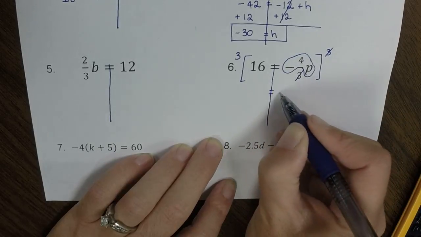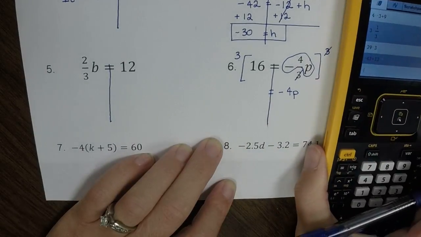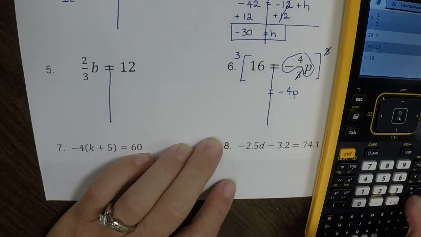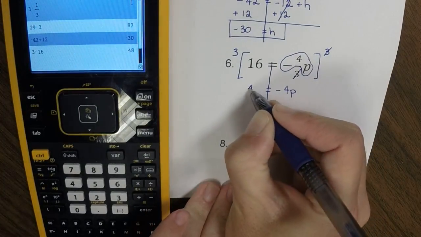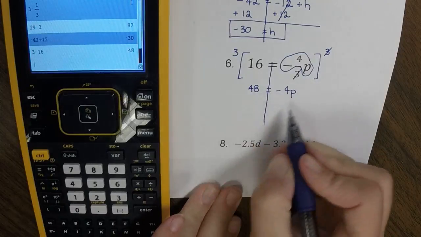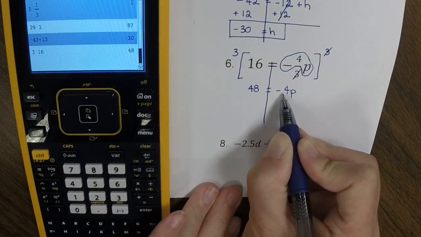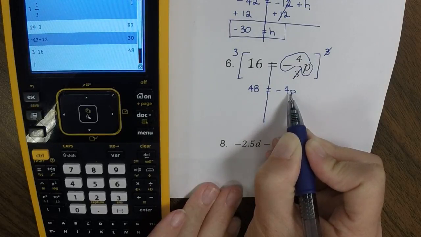So that means this is -4p. Then on the right side, I would do 3 times 16, and I get 48. Let me move that over so y'all can see it. Now here's the variable. I'm still trying to get it by itself. That means this -4 needs to move. But these are squished together, so this is multiplication.